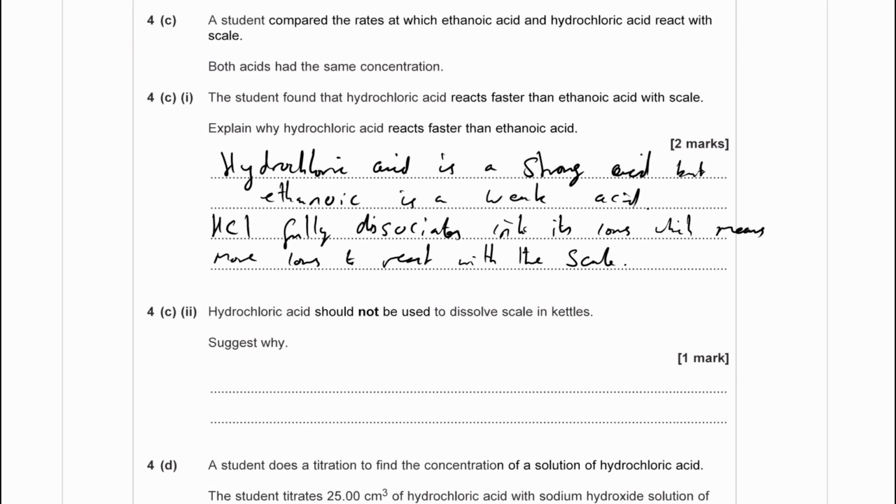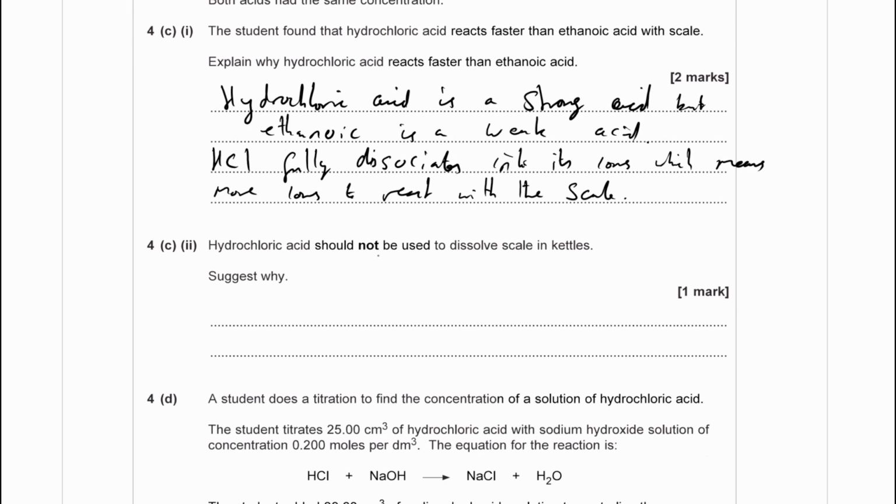Alright, so in C part 2, it says hydrochloric acid should not be used to dissolve scale in kettles, and suggest why. Well, you'd be tempted to say, well, we don't want to drink hydrochloric acid, right? But it hasn't told us here that we're going to drink from the kettle straight after, so that's actually not going to be an answer. The reason why we shouldn't use hydrochloric acid is because it's such a strong chemical.